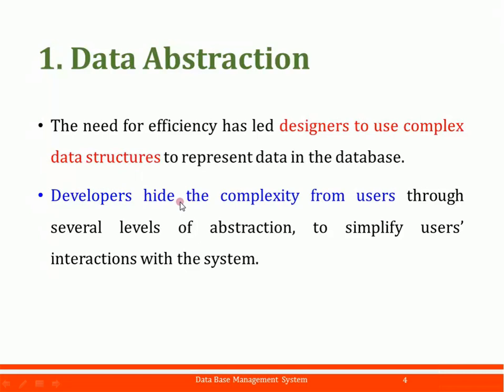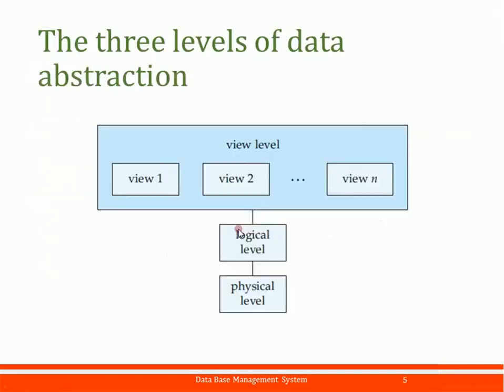The developers hide this complexity from the users who are using these databases, because the users need simple interaction with the system. Only then will the users be familiar with it and eagerly use the system. When they have complex interfaces, they will be reluctant to use the system. So the developers hide the complexity from the users.